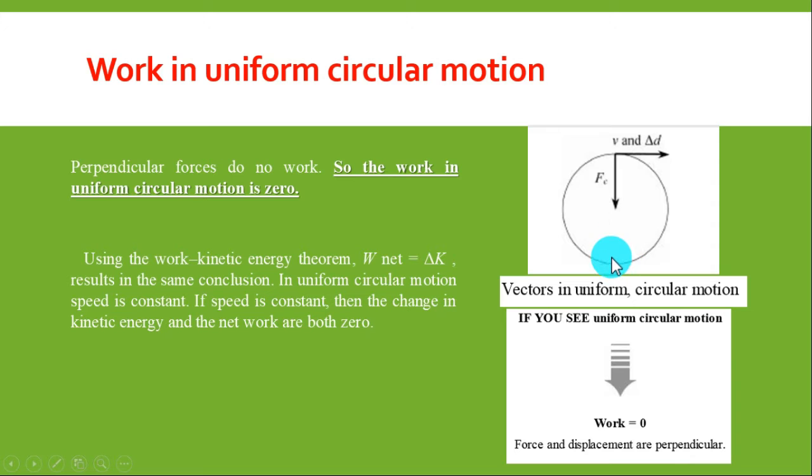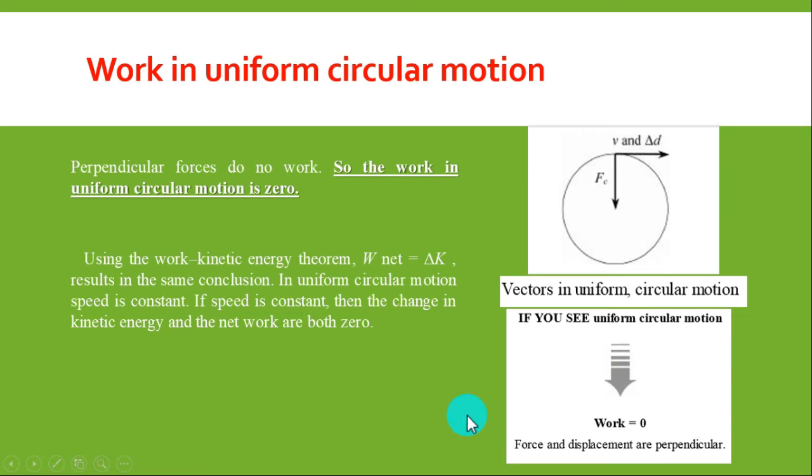V initial is what? 2 meters per second. Why? Because all the time in uniform circular motion, the object is moving with constant speed. So, half m v final squared minus half m v initial squared, the answer is what? 0. Is it clear? Do you believe now that work equals 0 in uniform circular motion?